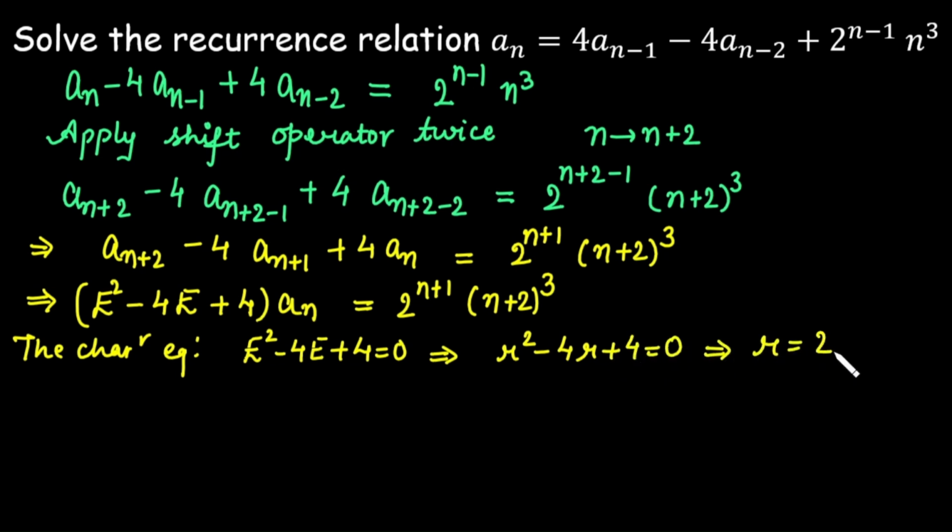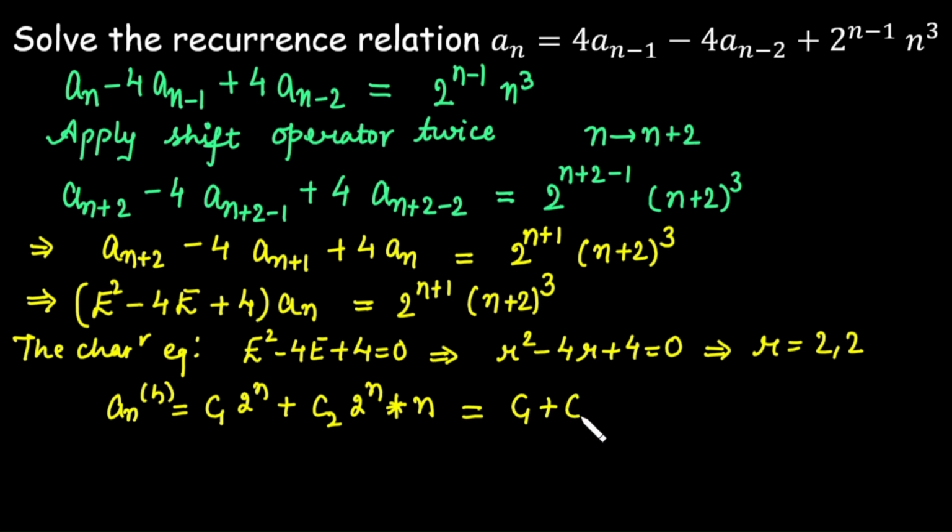That is 2 and 2, both real and equal roots. So the homogeneous solution in this case is equal to C1 times the first root raised to power n, plus C2 times the second root raised to power n into n because both are the same. Or we can write it as (C1 plus C2 n) times 2 raised to power n.